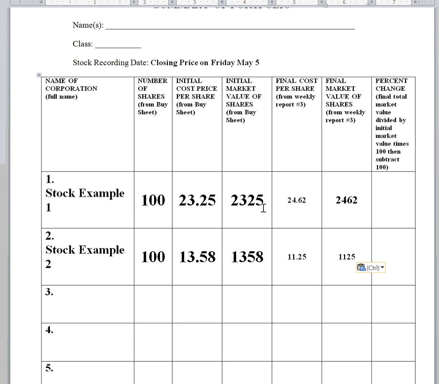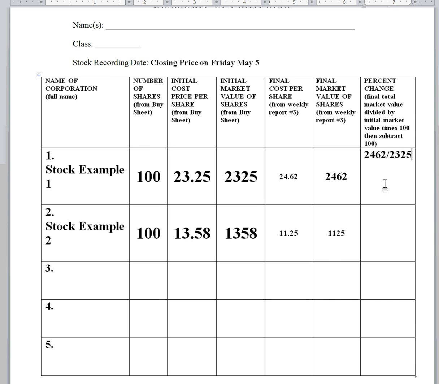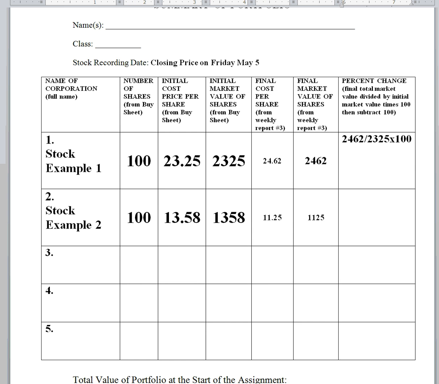So now you have to calculate the percent change. As it says here, take your final market value, so that's 2,462, divide by your initial market value. So let's take 2,462, let's divide it by 2,325, and we're going to times that by 100.